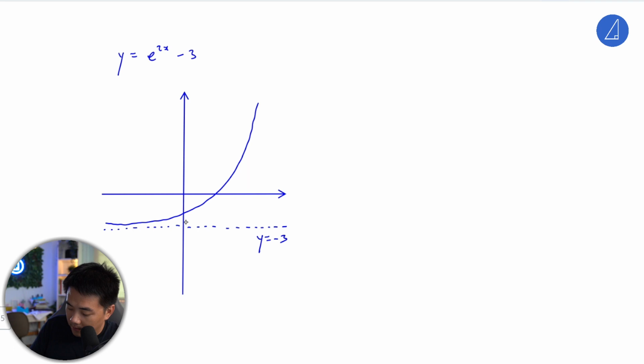This guy will be (0, -2). When y is 0, we know that 0 equals e^(2x) minus 3, so e^(2x) equals 3, 2x equals ln 3, x equals half ln 3. So this intercept is (half ln 3, 0).